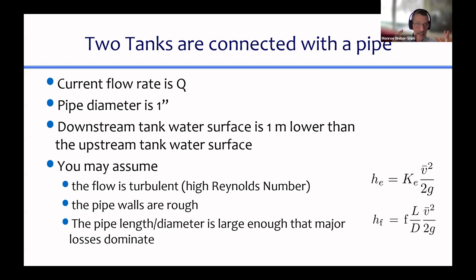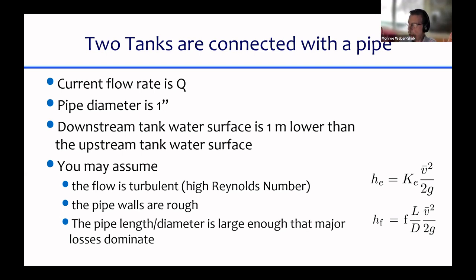What does that mean? It means that if major losses are dominating in a system, then FL over D is greater than K. If major losses are more important than minor losses, then F times L over D is larger than the minor loss K. And I'm telling you in this problem setup that major losses dominate.